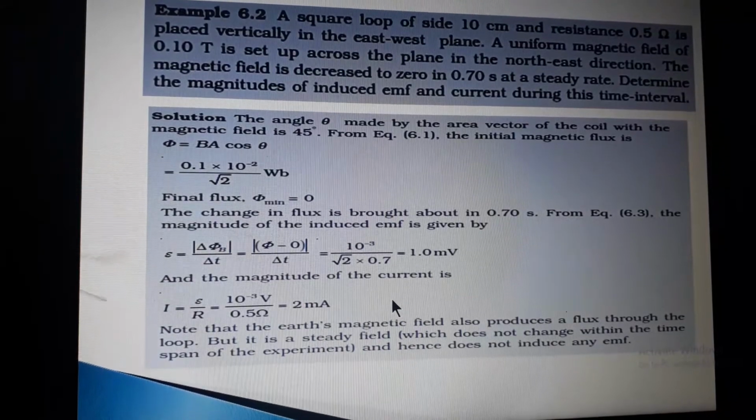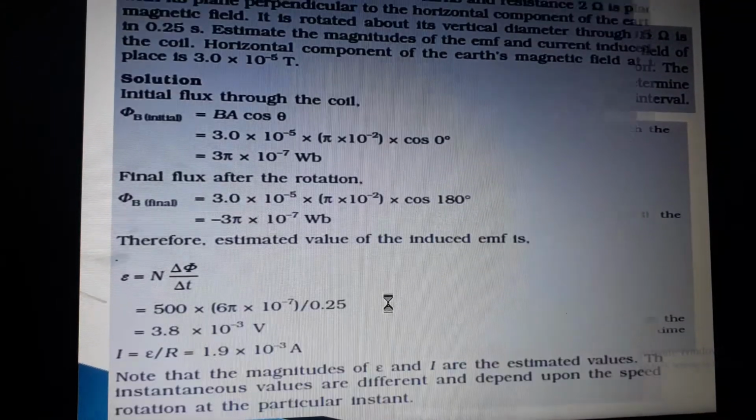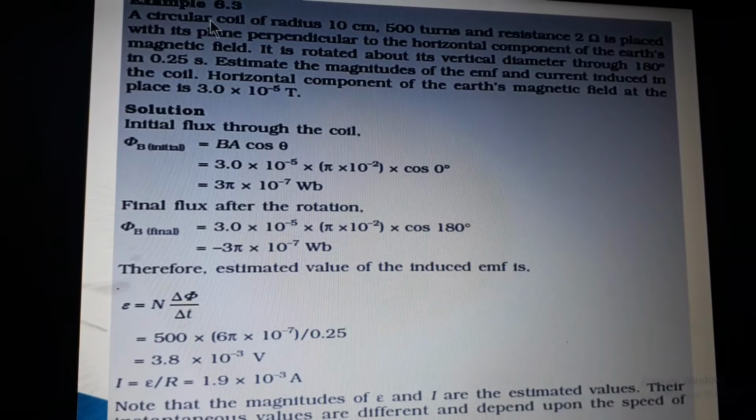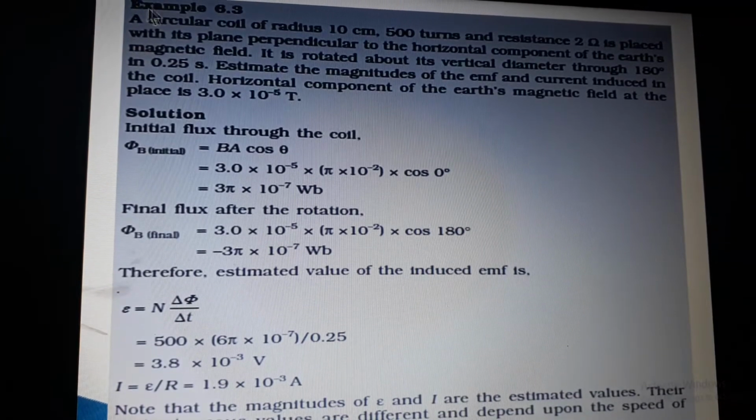Now the next example is this one, example 6.3. First of all, just see what the example wants to say.